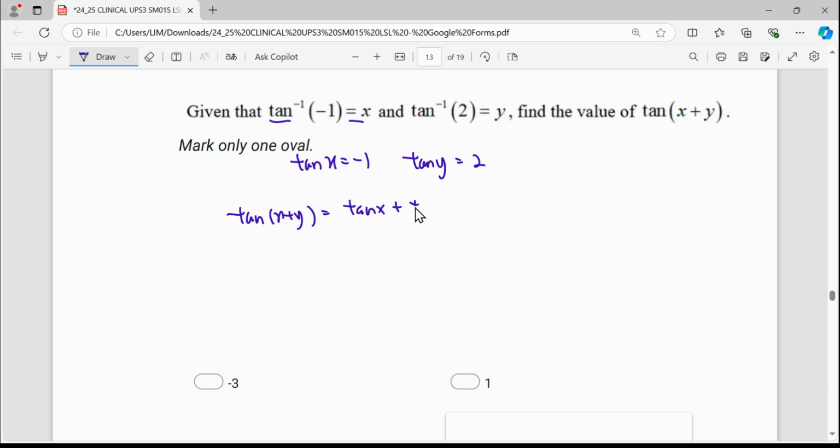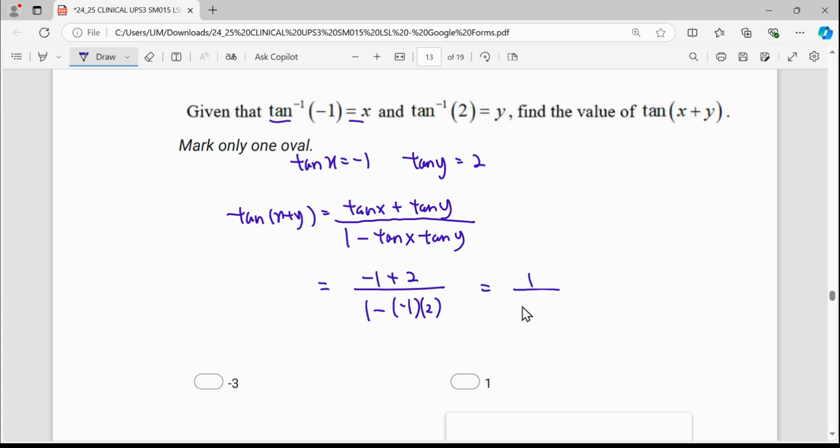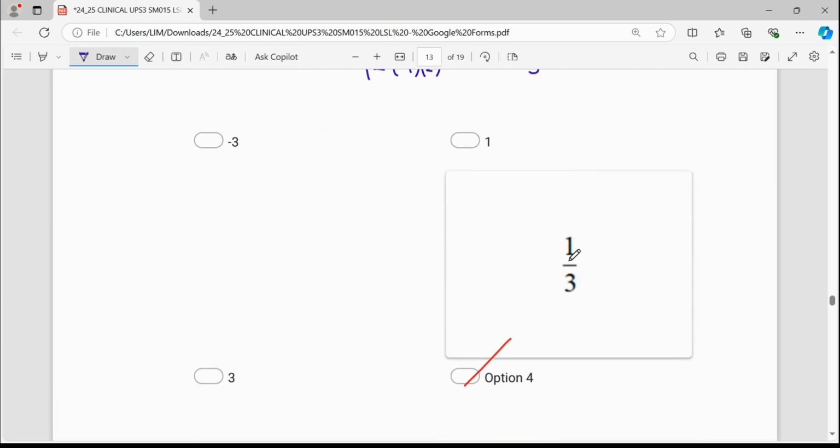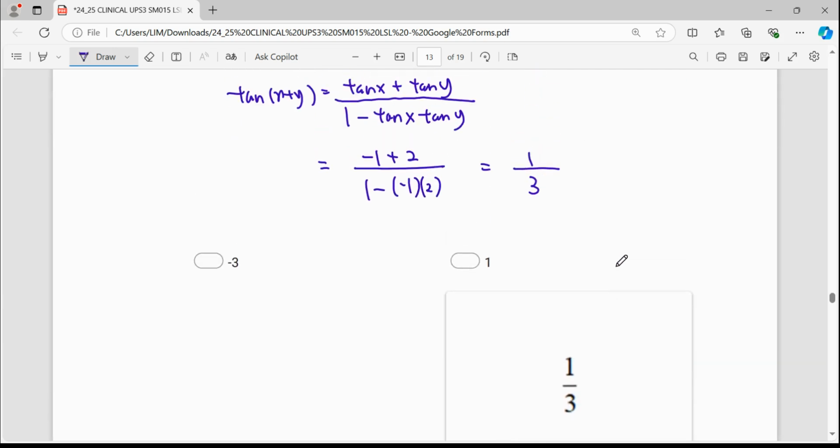Tangent x plus tangent y, and then 1 minus tangent x tangent y. Put in the formula. 1 minus negative 2, negative becomes positive. So here we have, this is our option.